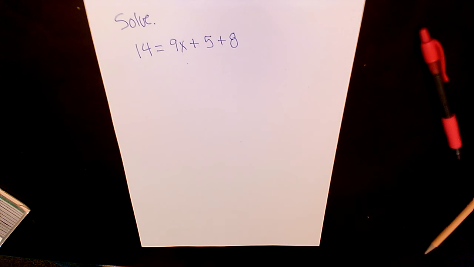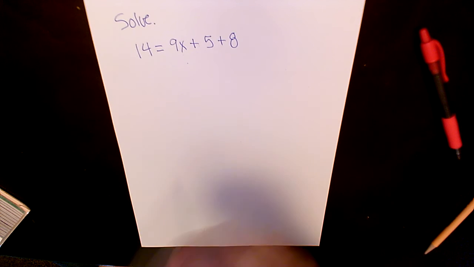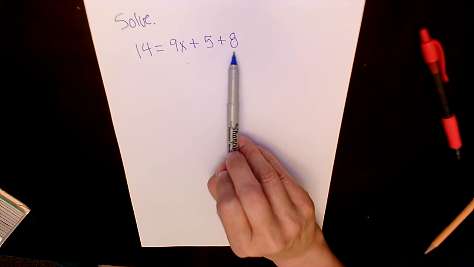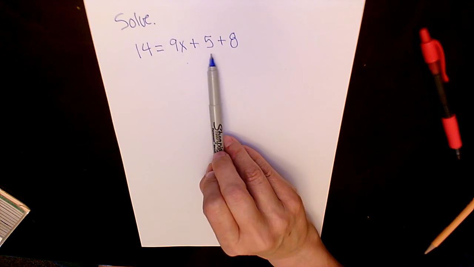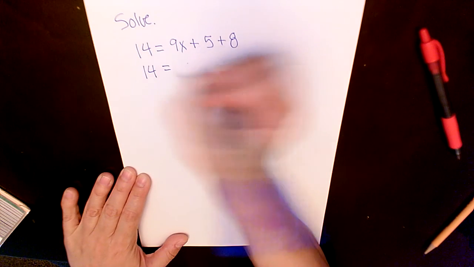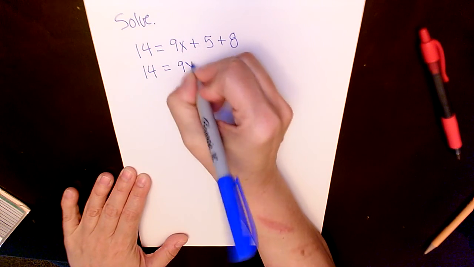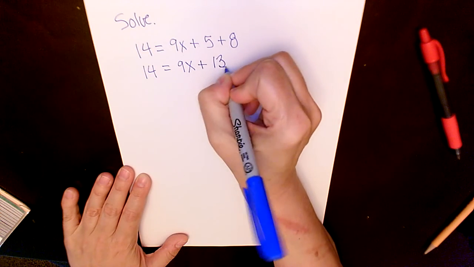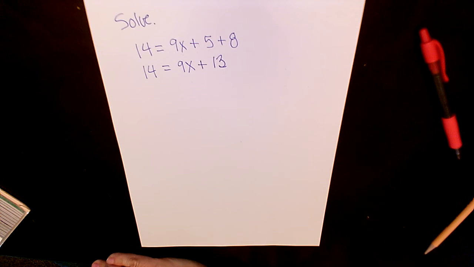Okay, well, I do have like terms on the right-hand side. I've got 5 plus 8. I can put those two constants or numbers together. So what is 5 plus 8? That gets me to 13.